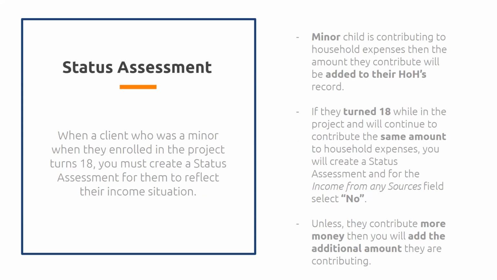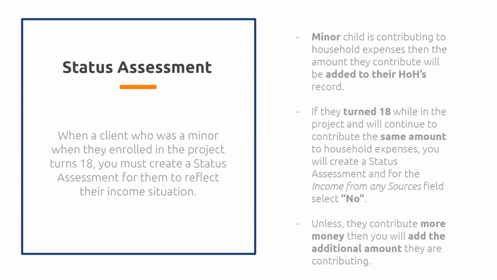If they turn 18 while in the project and continue to contribute the same amount to the household expenses, you will create a status assessment, and for the income from any sources field, select no to show that the client is not contributing additional income.